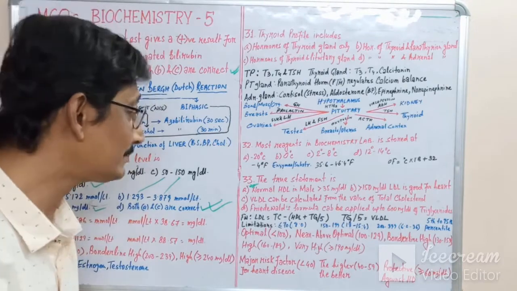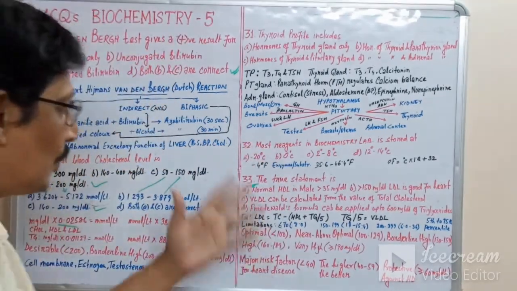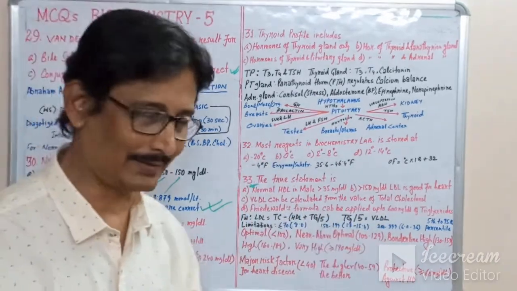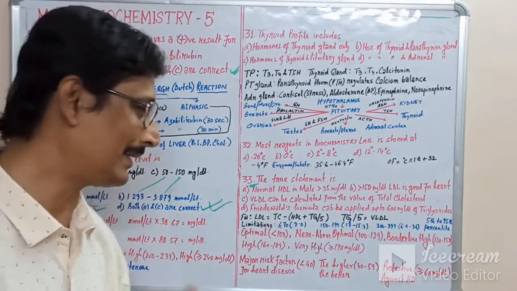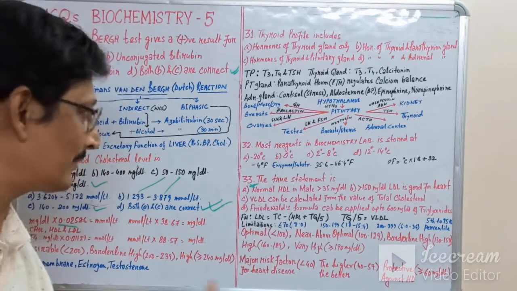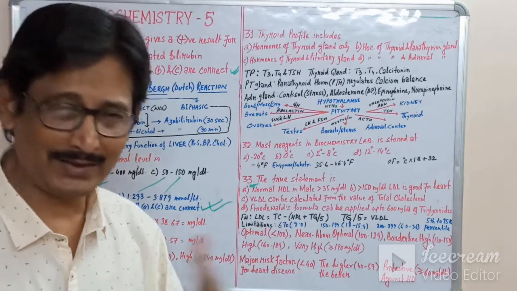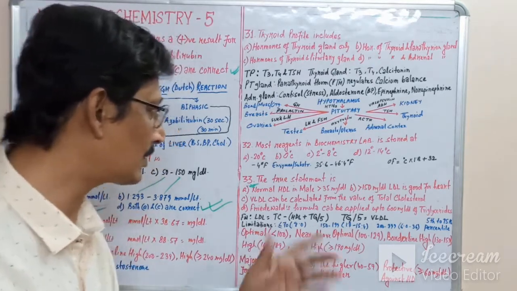Now question number 32, we are asking about where most reagents in the biochemistry lab are stored. Less than 20 degrees centigrade, that is 0 degrees centigrade. We all know that 0 degree is the freezing point, where chemicals can be distorted or exhausted.